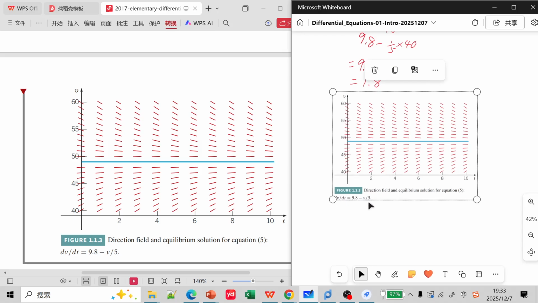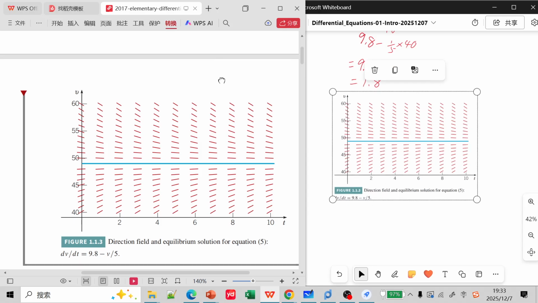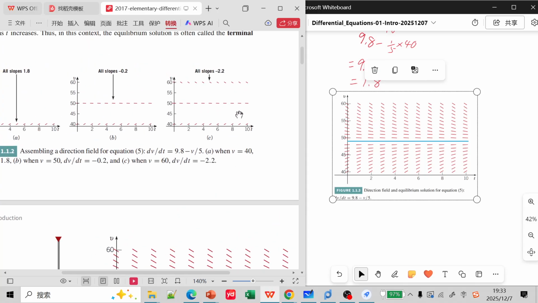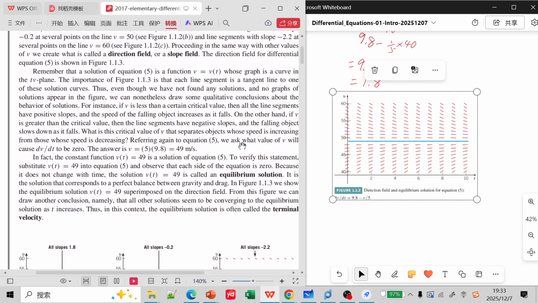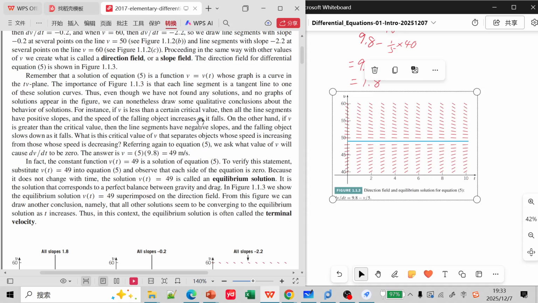This is figure 1.1.3. The importance of figure 1.1.3 is that each line segment is a tangent line to one of these solution curves.